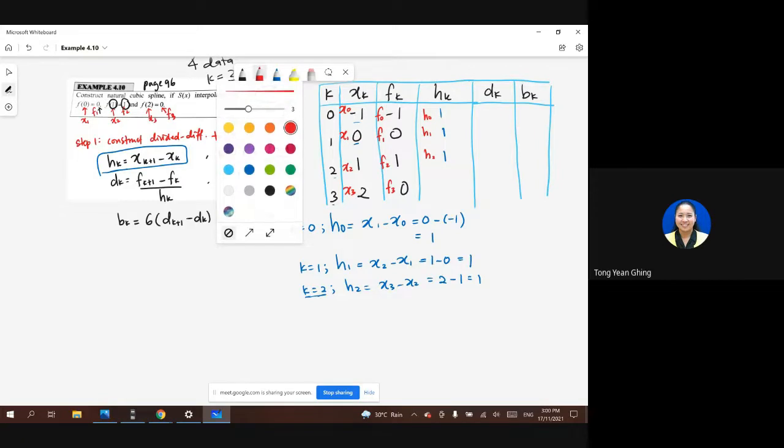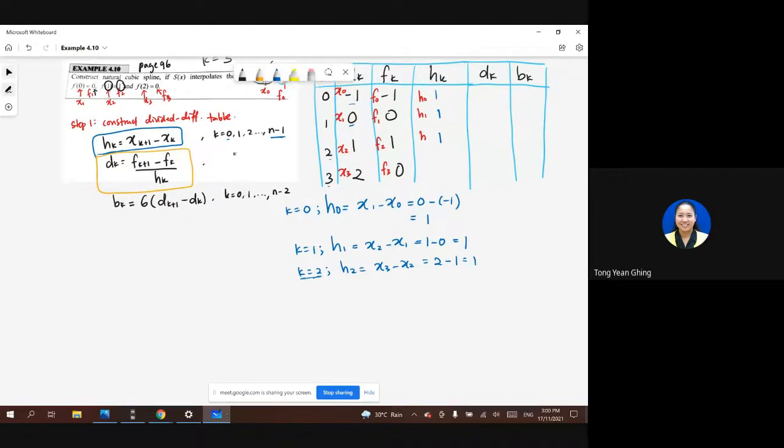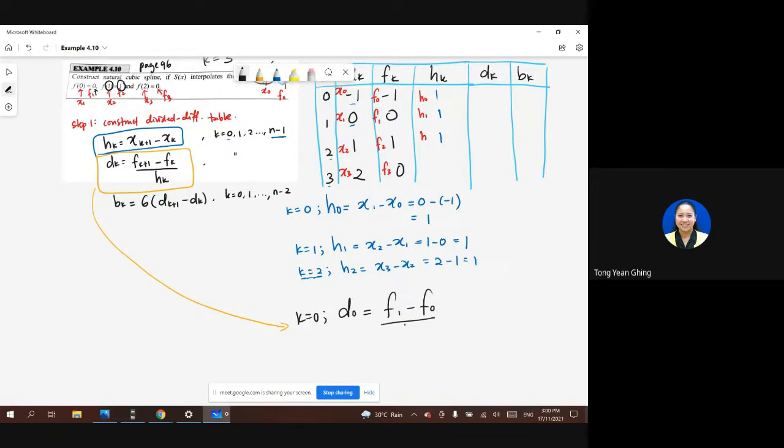Okay, now we go and find this one. D. Oops, sorry. This one, dk. Okay, now we want to find dk. So based on the equation here, same, start from k equal to 0, we find d naught. D naught equal to f1 minus f naught divided by h naught.